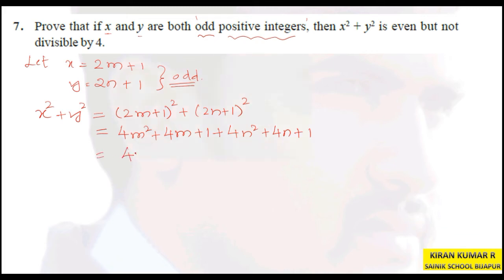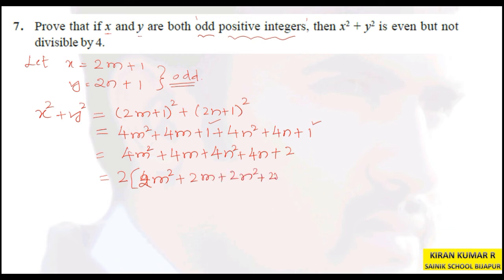Further, I'll write this as 4m square plus 4m, 4n square plus 4n, plus 1 added to 1 becomes 2. Here I can take 2 as common. I'll be getting 2 multiplied to 2m square plus 2m plus 2n square plus 2n plus 1.